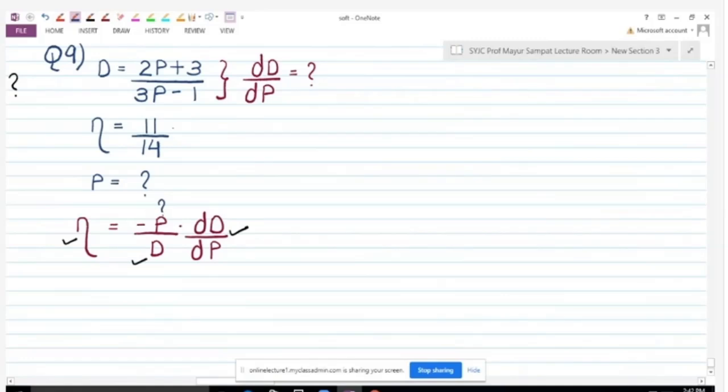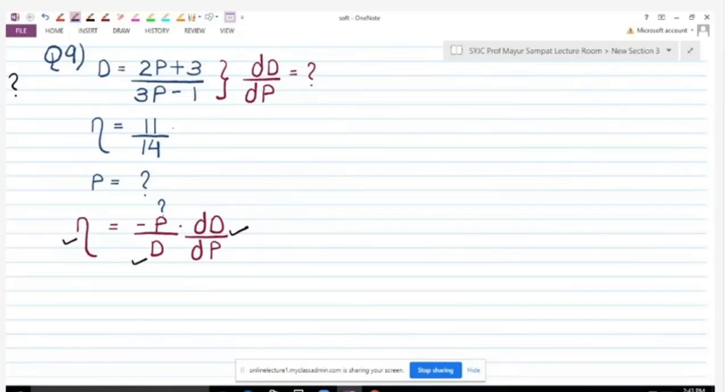When you solve the sum, you will get a quadratic equation, and when you solve the quadratic equation you will get two values. One value will always be positive, whereas the other value will always be negative.